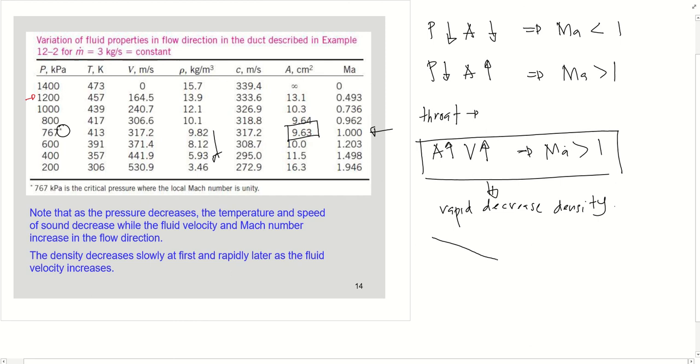And then if we want to sketch the nozzle, basically the nozzle decreases the area and then increases the area. So this is how the nozzle looks like. This nozzle is known as a converging and diverging nozzle: first converge and then diverge.